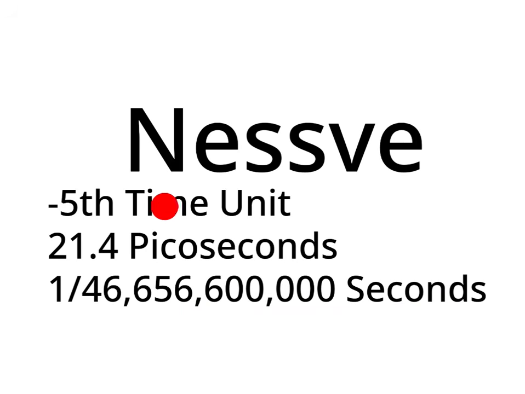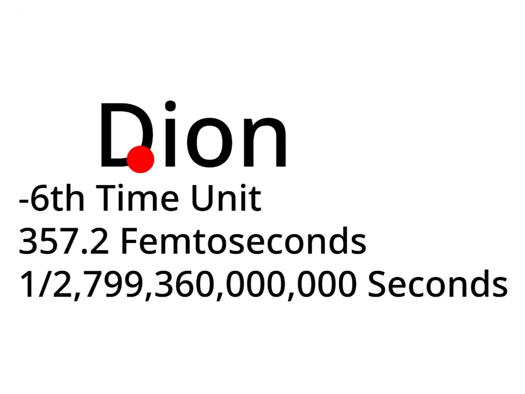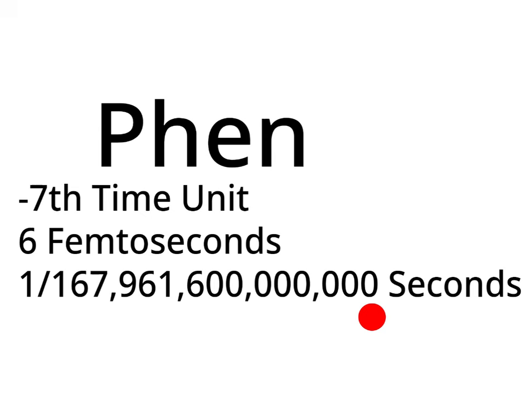We have a talid, which is the negative fourth time unit, 1.3 nanoseconds, and 1/777,600,000th of a second. We have a nesf, which is the negative fifth time unit, 21.4 picoseconds, and 146,656,600,000th of a second. We have a dion, which is the negative sixth time unit, 357.2 femtoseconds, and 1,2,799,360,000,000th of a second.